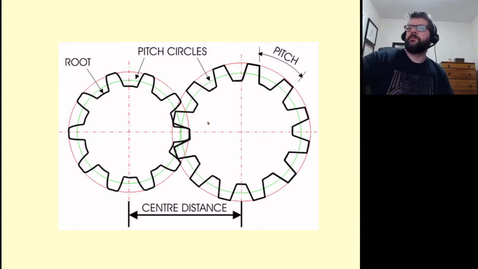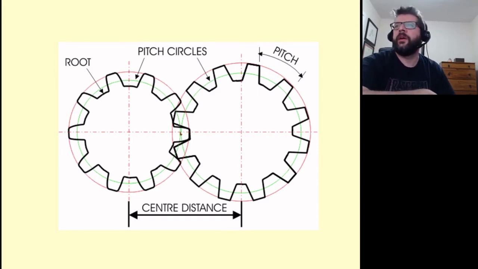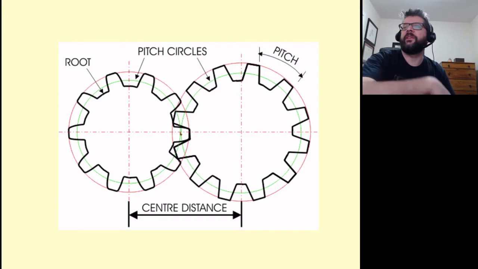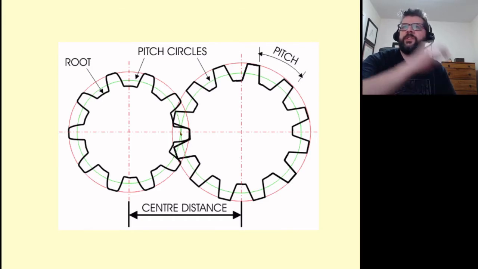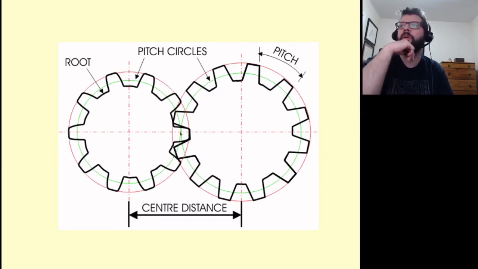But when these rotate a bit further and the point of contact is right in the center here, then it's at the intersection of those pitch circles. And then the center distance is based upon the offset between the two.